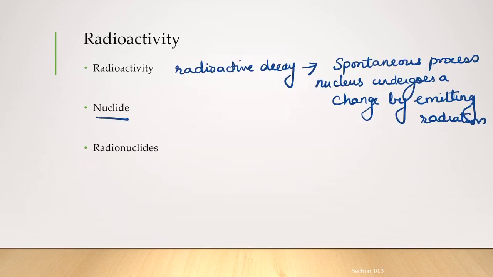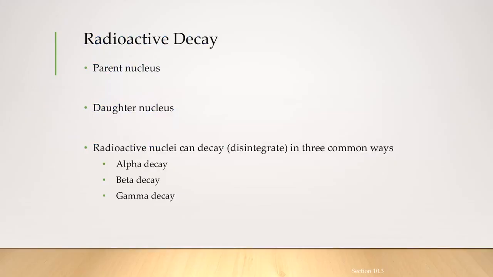Another term is nuclide. It's just a specific type of nucleus. There are different nuclei. Examples would be uranium 238, which is a nucleus, and carbon 14, which is a nucleus. Radionuclides are nuclides whose nucleus undergoes spontaneous decay, which is radioactivity. Generally, substances that give off such radiation are said to be radioactive.